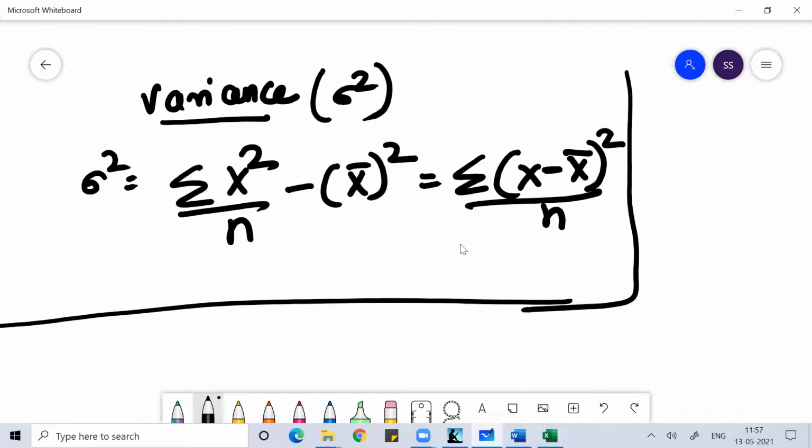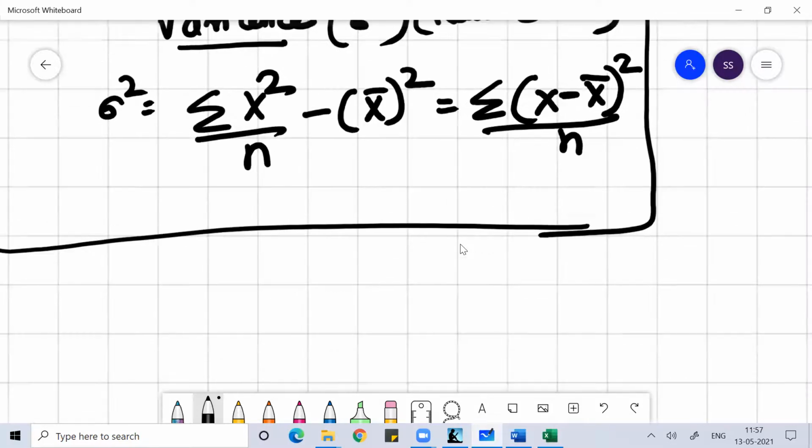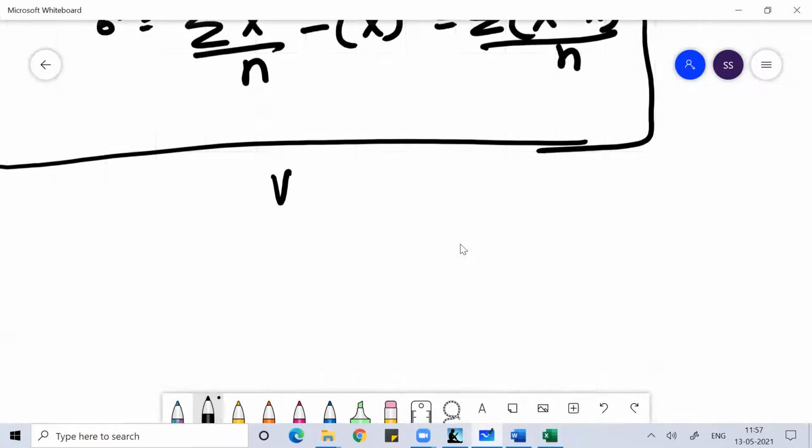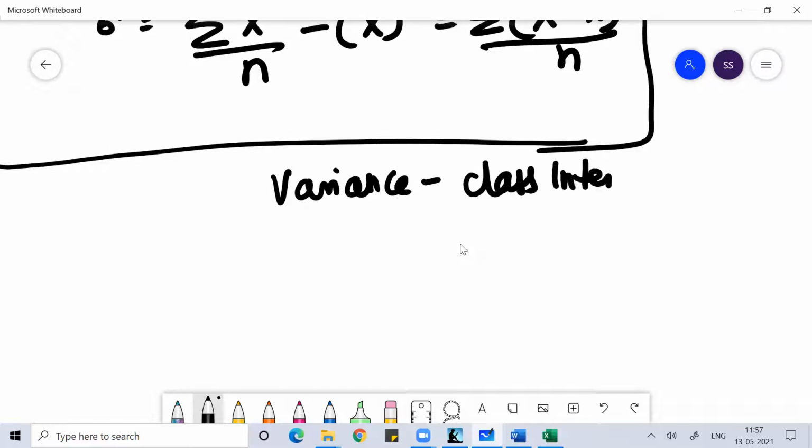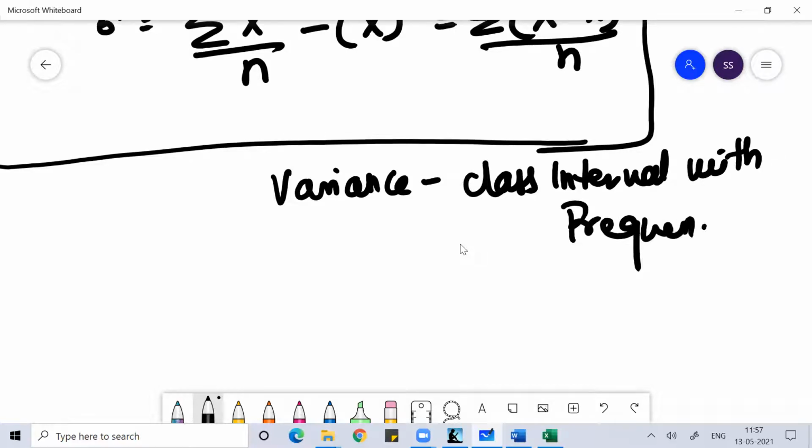If you have data with class interval with frequency, how will you calculate the variance?